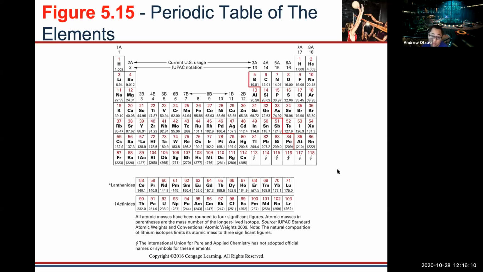Oh, I realized I wasn't sharing. So this is the picture of a periodic table. So let's just look at what AT means.